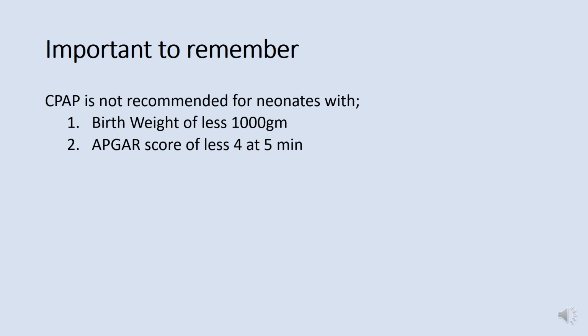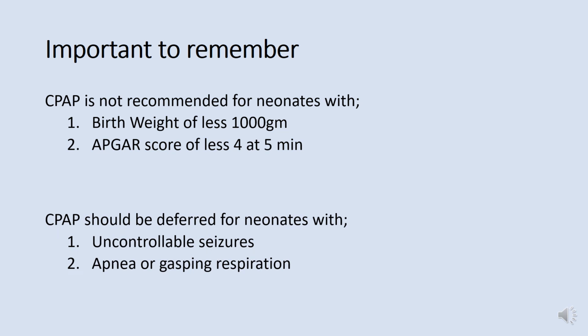So any newborn presenting with an APGAR score of less than 4 at 5 minutes is not recommended for CPAP. Also, CPAP should be deferred in neonates with, number 1, uncontrolled seizures, and also neonates with apnea or gasping respiration.